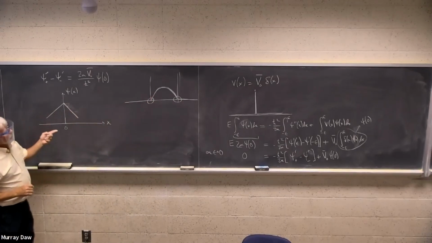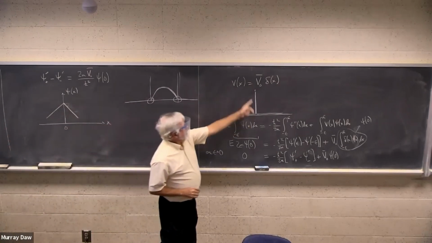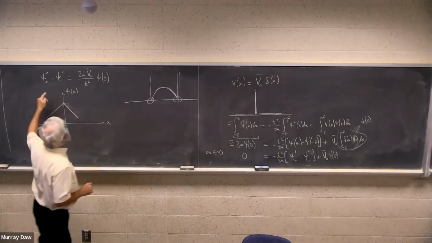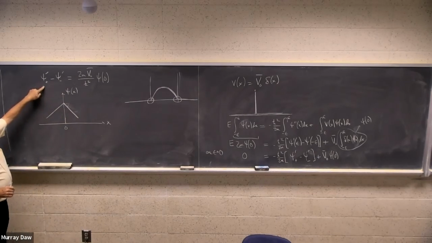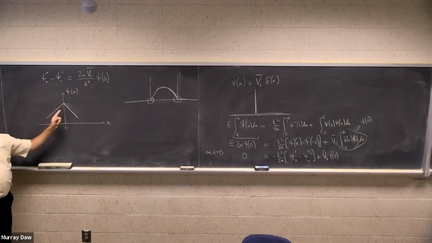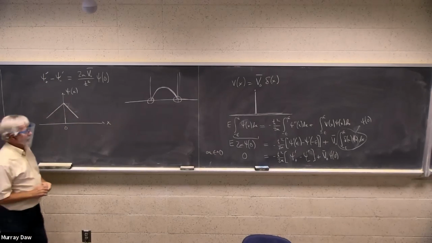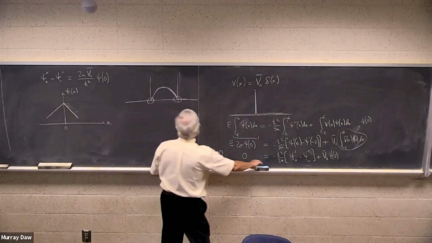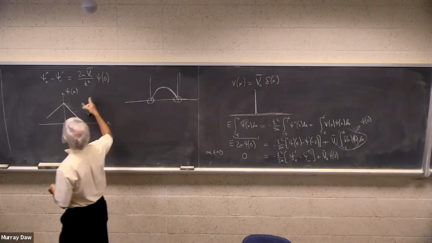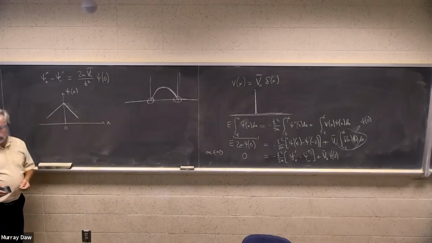Okay, so this is also going to be true here. Again, where the potential becomes infinite, the slope of the wave function is discontinuous across that infinite potential spike. So we're going to save this. We're going to use this in constructing the solution to the scattering problem.